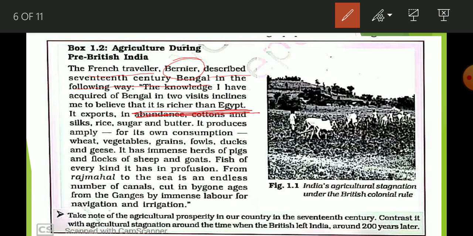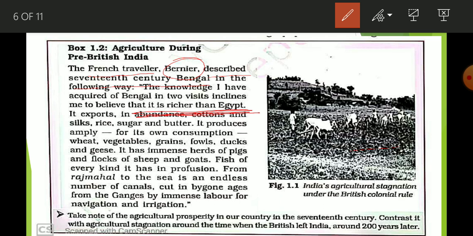So this statement tells us that our India was very prosperous and self-reliant before the British period.